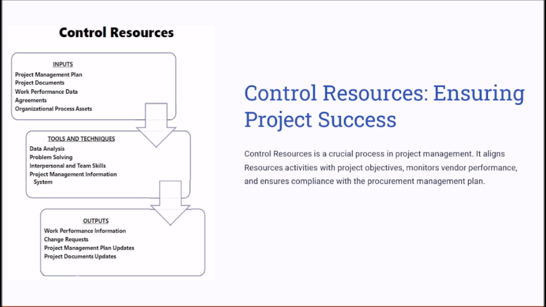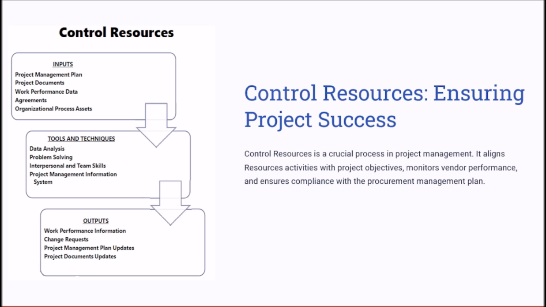And by the way, this process does not look at human resources or HR resources. It works heavily on the assets, the physical resources, not the human resources. The human resources we already covered in the previous processes when we talked about managing the team and controlling the team.